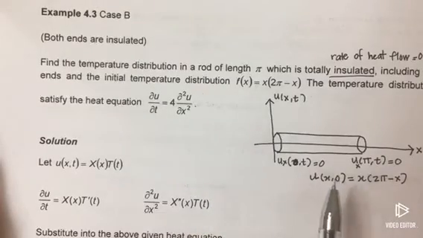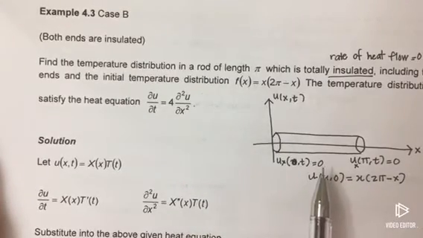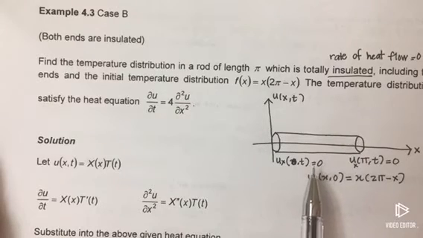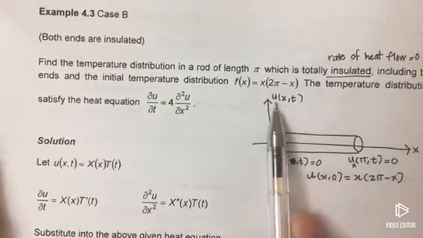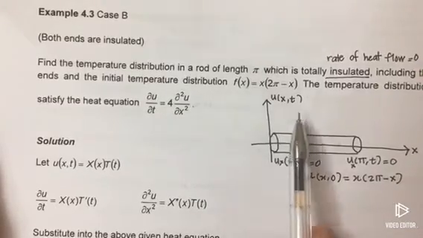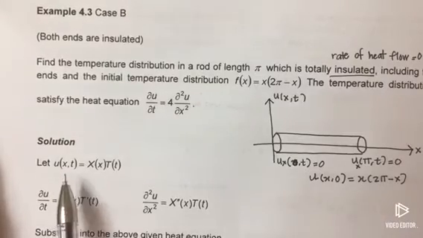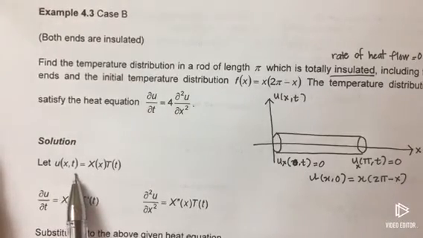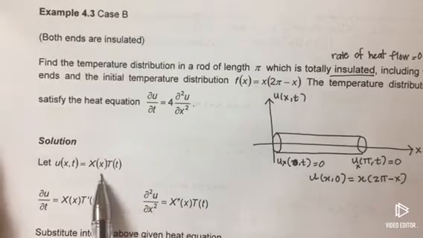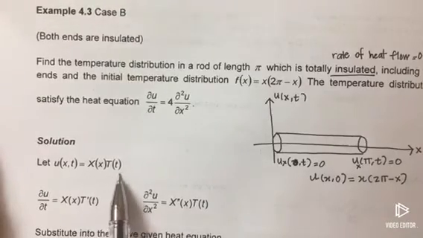Now we want to find temperature at any point x at any time, or in terms of U, x, t. So solution, first we let U(x,t) equal to X(x) times T(t).